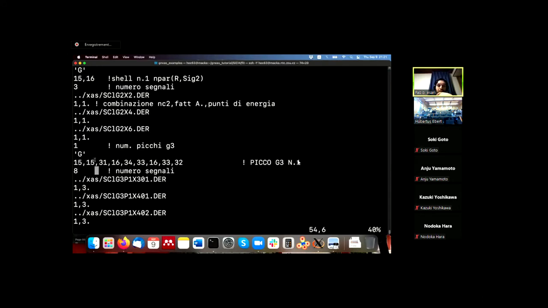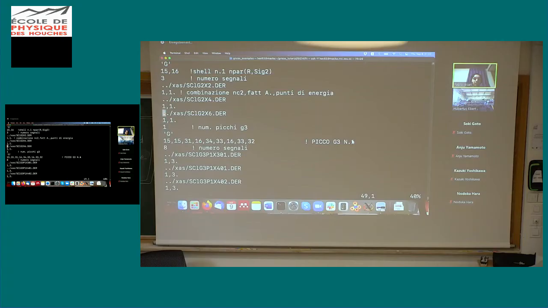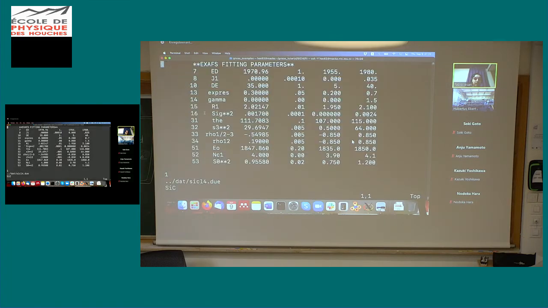So here, the first two parameters are R1 and R2. If you see here, it's 15 and 15, which is the same that we used here, because that is the same physical distance, the distance between silicon and chlorine. So we can use one same parameter for different signals, which is this distance.